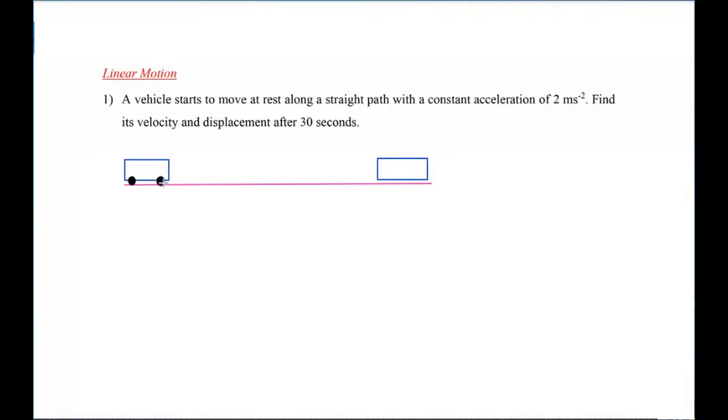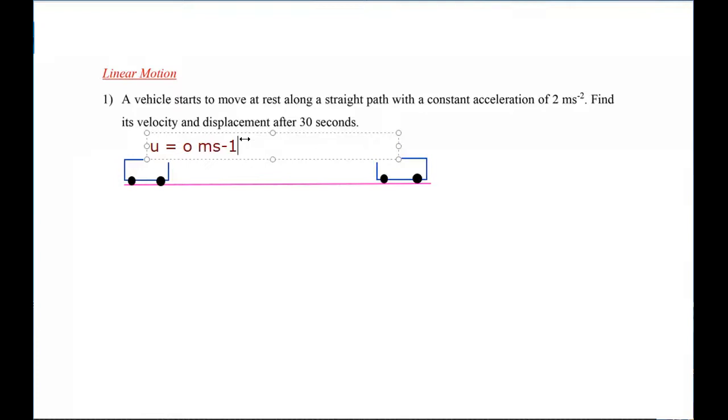Would you please draw the figure with me, dear? Let's draw the figure together and mark the given data. Initial velocity, let me use the letter U, equals 0 because it starts at rest.